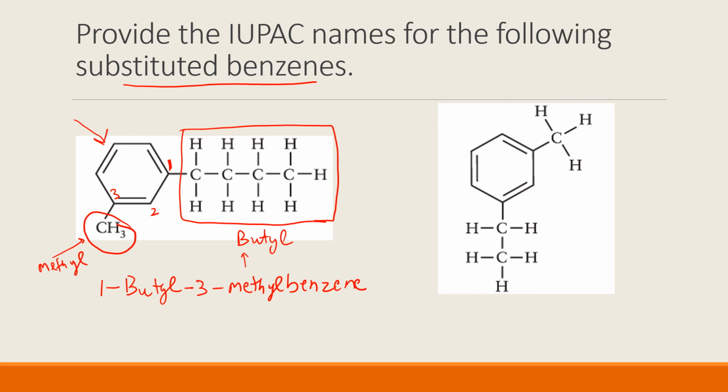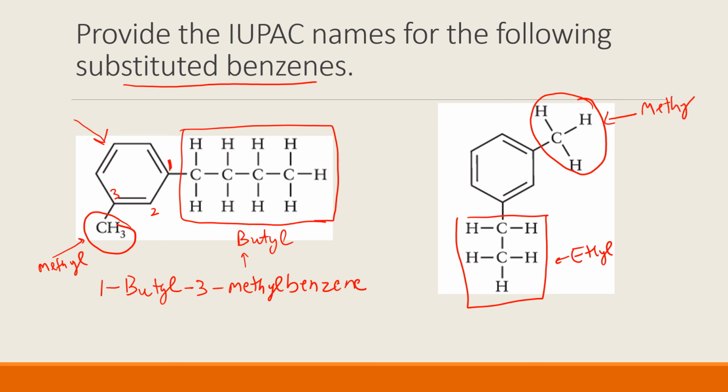Similarly, in the example given on the right hand side, again we have a methyl group connected to benzene and an ethyl group because it contains only two carbons. So the ethyl group is here, and the methyl group is here. Again, alphabetically ethyl comes ahead of methyl, so therefore we will give locator number 1 here.